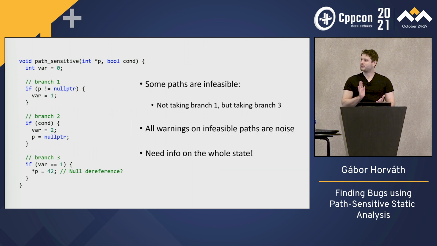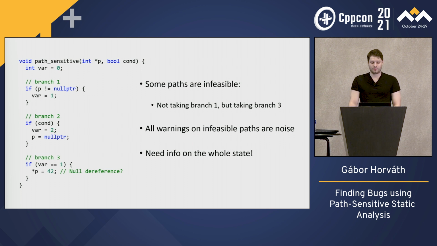Okay, so to summarize some of the key points from the previous slides, not all of the possible paths can be realized at runtime. For example, it is not possible not to take the first branch, but take the third branch in this code snippet. And any warnings that we would find on these invisible paths, those would be false positives, noise for the users.